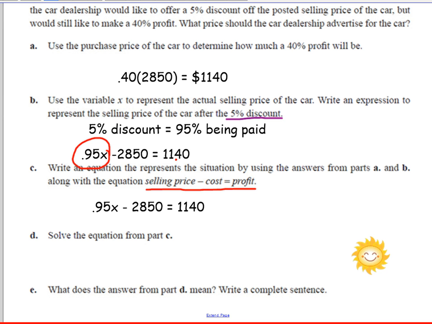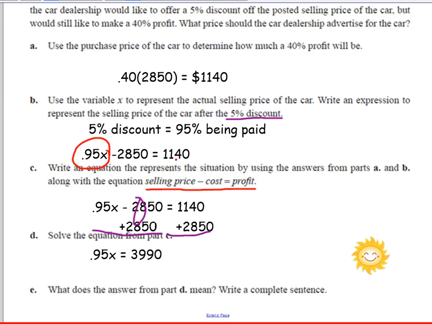Our first step will be to add the 2,850, and so when we do that, we are left with 0.95x on the left, and we are left with 3,990 on the right.